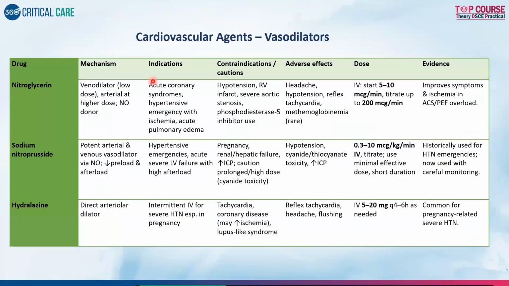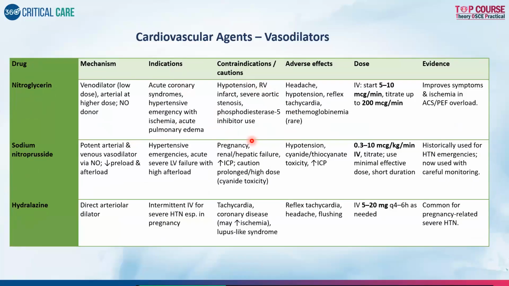Vasodilators, please do read about nitroglycerin, sodium nitroprusside, and hydralazine. Sometimes you might be asked, most commonly nitroglycerin. It is a vasodilator. It's indicated in ACS and hypertensive emergencies, as well as in acute pulmonary edema. It causes hypotension. It is contraindicated in case of an RV infarct. All right.